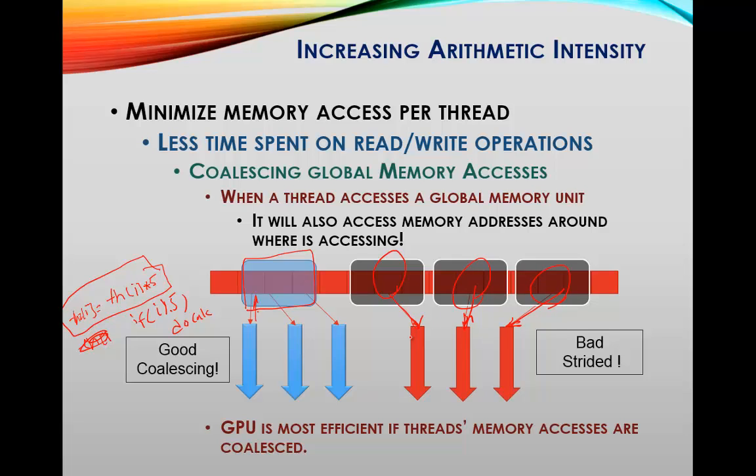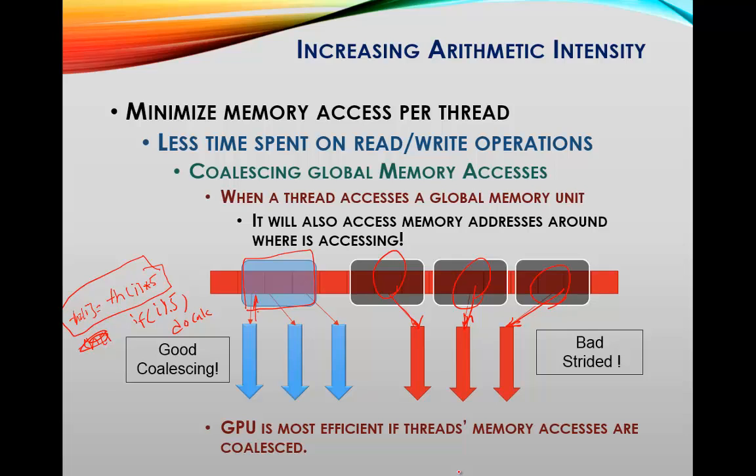If my data is strided enough that each thread's memory access is far away from its neighbor's, I would have to make a separate global memory access for every one of these threads, and that would slow down my GPU. So the GPU is most efficient when your threads' memory accesses are coalesced.